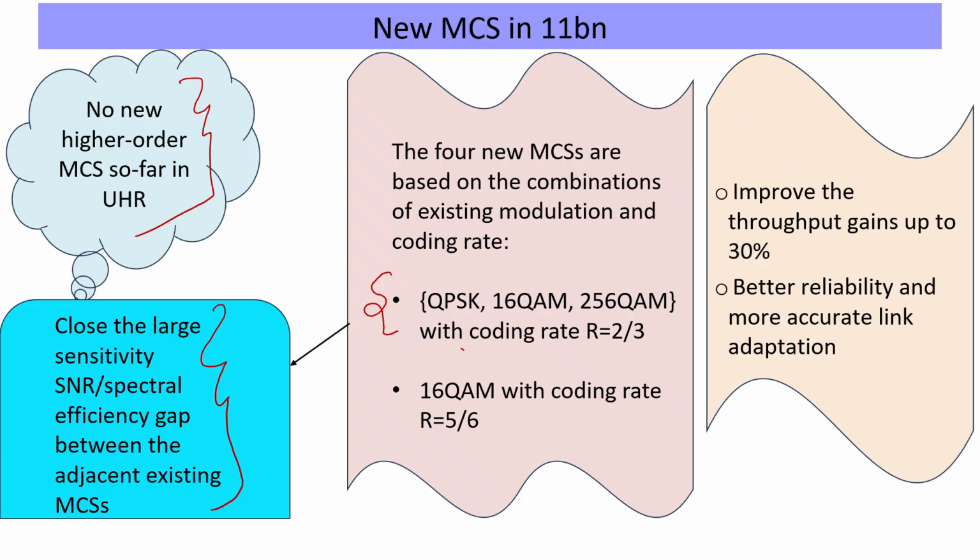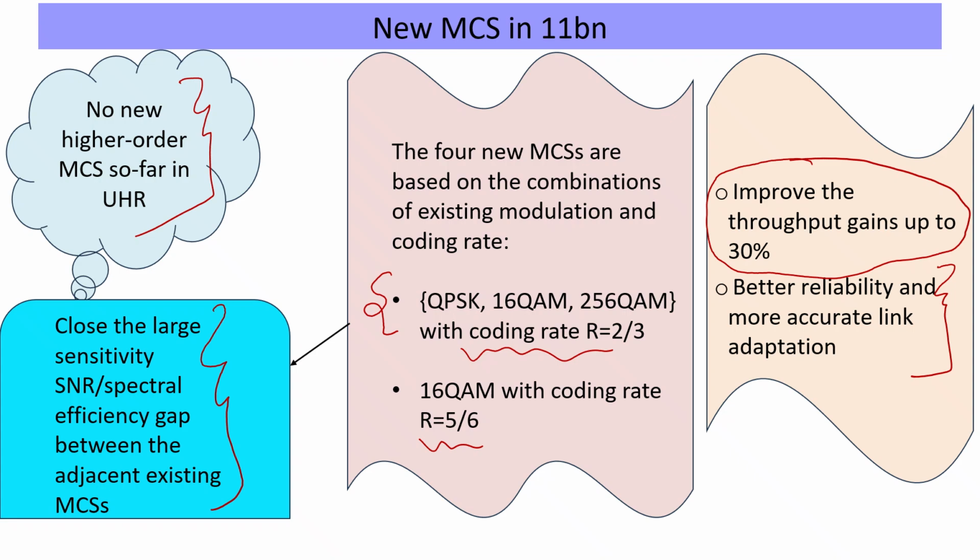Here we have provided some newer steps. And what is the benefit? The benefit is, remember that in the intermediate ranges, with accurate link adaptation, you could get better reliability and definitely overall throughput across the cell or across the coverage area has been shown by simulations to have some improvement.